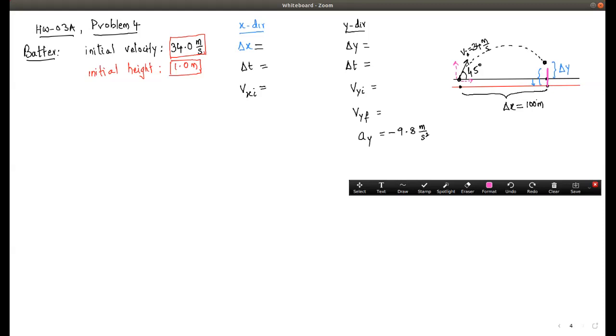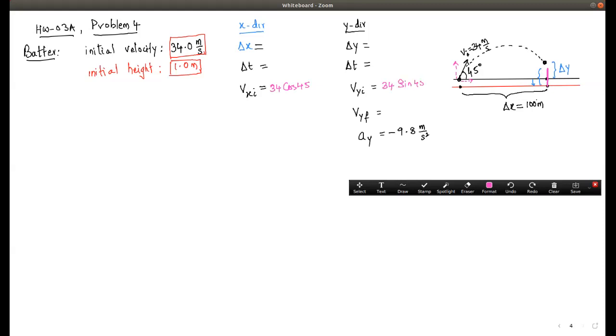The Vx initial is adjacent to the angle, so it is cosine 45. So let me write that down here. So that's 34 cosine 45. And Vy initial is related to the same quantity, so that's 34 sine 45.